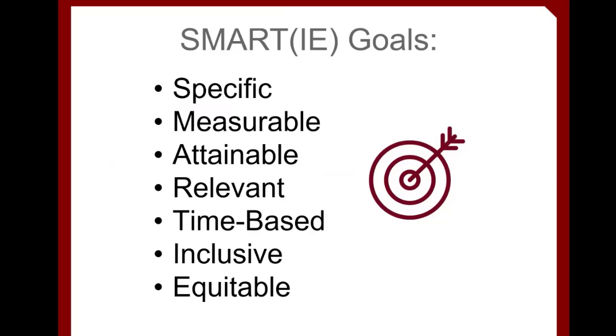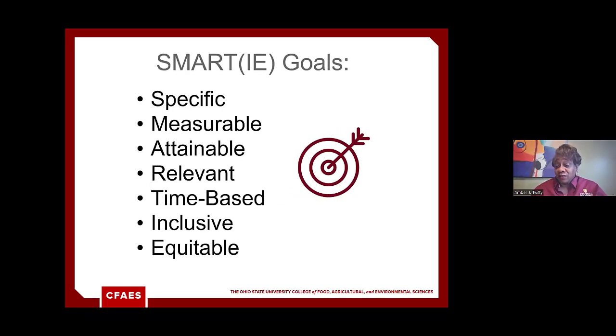Is it measurable? It has to be where someone can come in and validate and say, yes, you met the goal that you set. Is it attainable? Because you have a great idea, but if there's no need or demand for it, then it's irrelevant. Is it time-based? Can it be accomplished within the constraint of the funding opportunity?